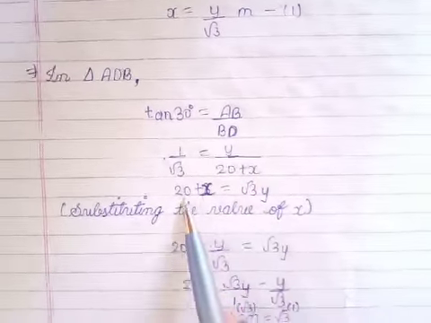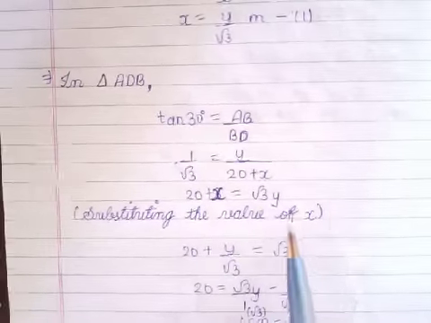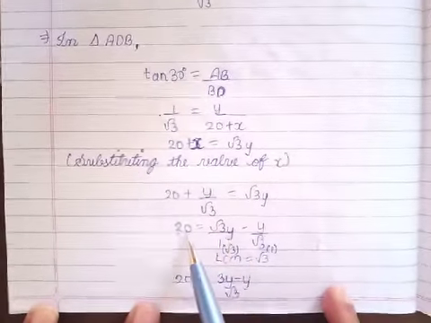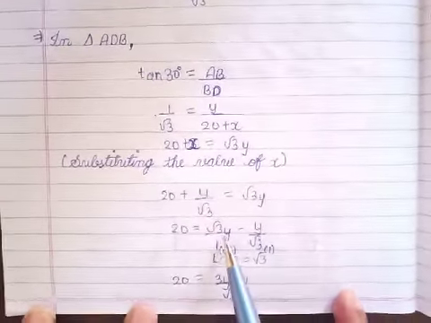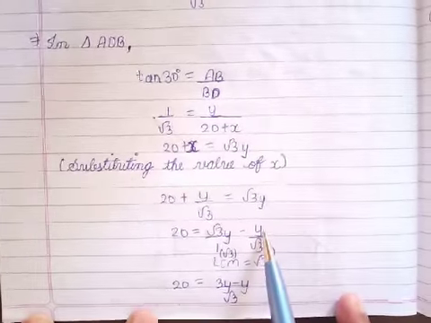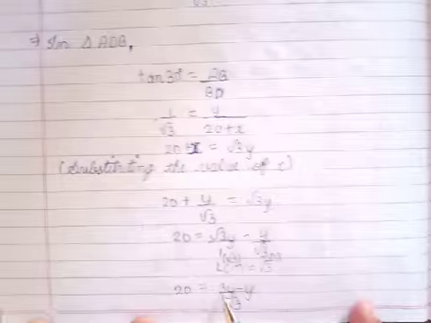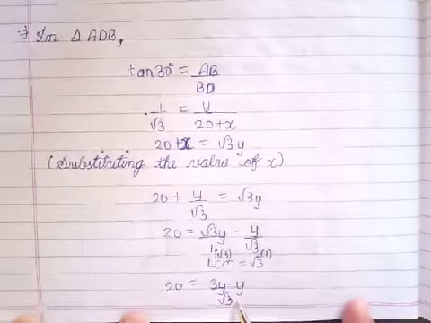If you cross multiply, you will get 20 plus x is equal to root 3 y. Substituting the value of x, we get 20 plus y upon root 3 is equal to root 3 y. So 20 is equal to, if you bring it to that side, root 3 y minus y upon root 3. If you take the LCM, then you will get 20 is equal to 3y minus y upon root 3.